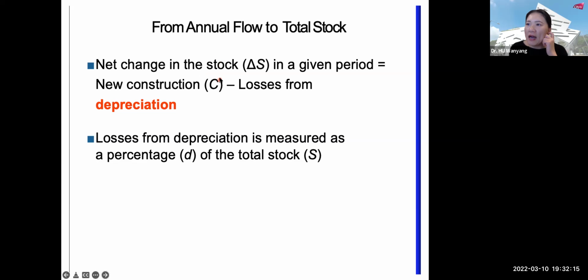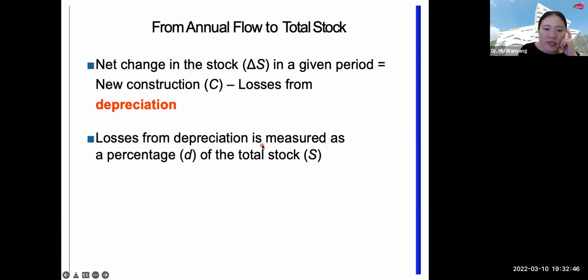Okay. So the net change in the housing stock, this is the stock, housing stock. We use delta S in any given period. This equals new construction, which is C. This is the new investment, the flow of new investment in residential housing. New construction we indicate as C, and then we have losses from depreciation.